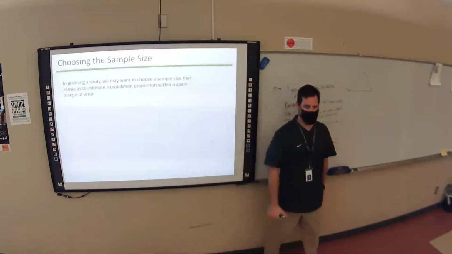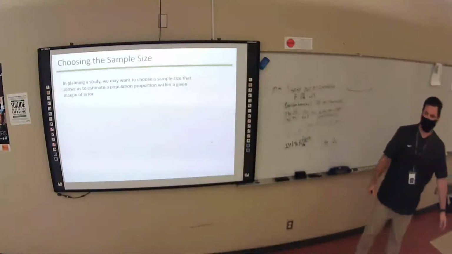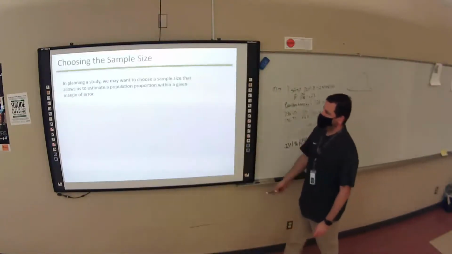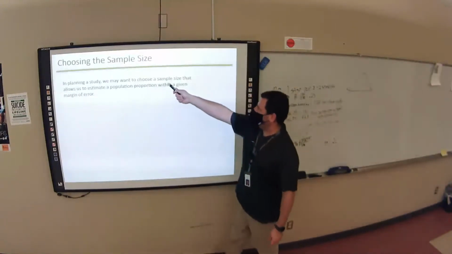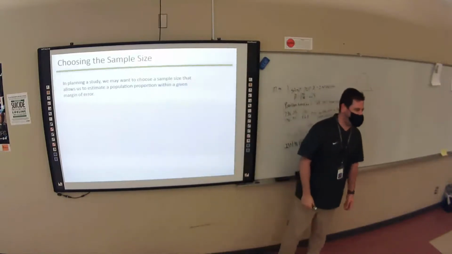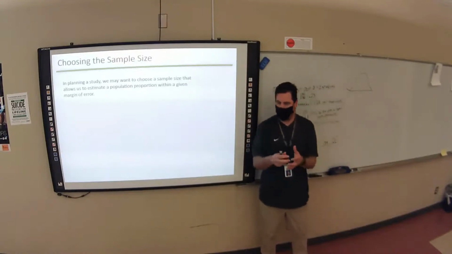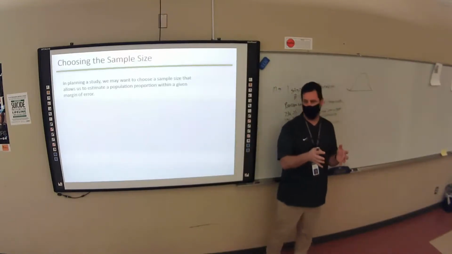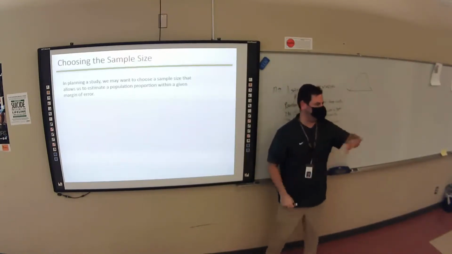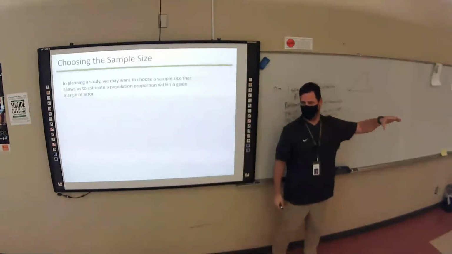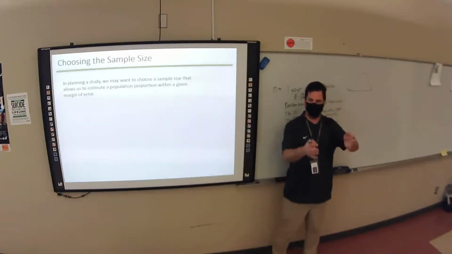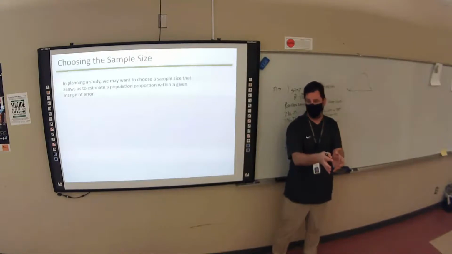All right. Last thing we need to discuss in 8.2. In planning a study, we might want to choose a sample size that allows us to estimate a population proportion, giving a margin of error. Kind of like we did in chapter 7, where we wanted to choose a certain sample size to give me a certain standard deviation.